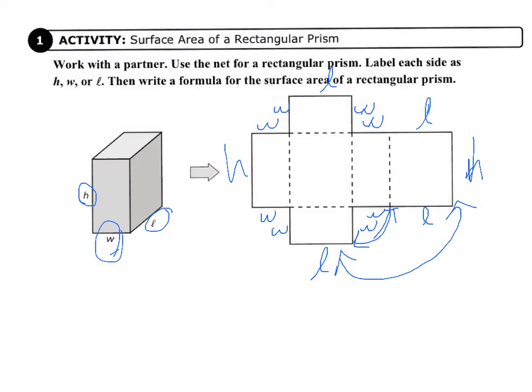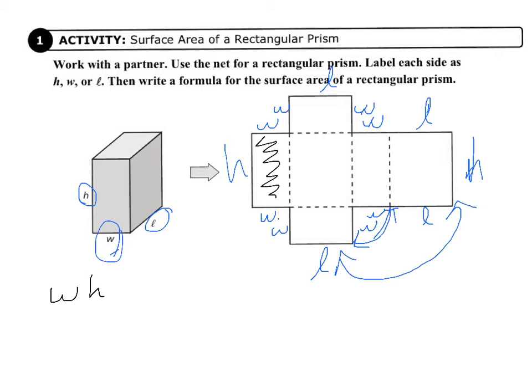So if we look back at our definition of surface area of a prism, it tells us that we need to get the area of each of the faces of the prism. So if we look at this carefully, we can see what those are. And we can see that right here on the end, we have a rectangle, and the area of that would be width times height. So let's go ahead and write that.